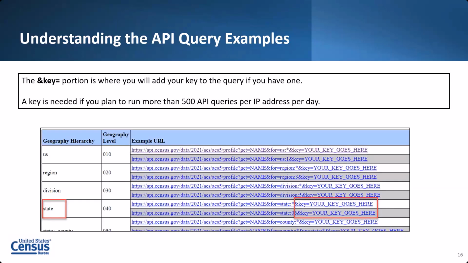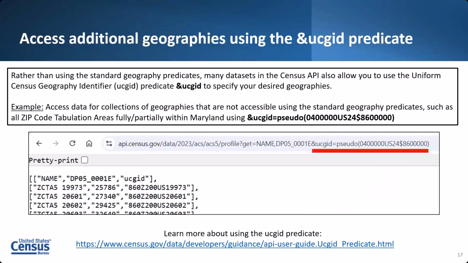And the last thing I wanted to mention before we get into our examples is a new feature on the API, and that's this UCGID predicate function that you can add on at the end of your URLs. So I mentioned earlier how you can add in these different geographies using the example URLs that are provided there, but we also have this new option, this UCGID option, that allows you to pull geographies in ways that were not available before.